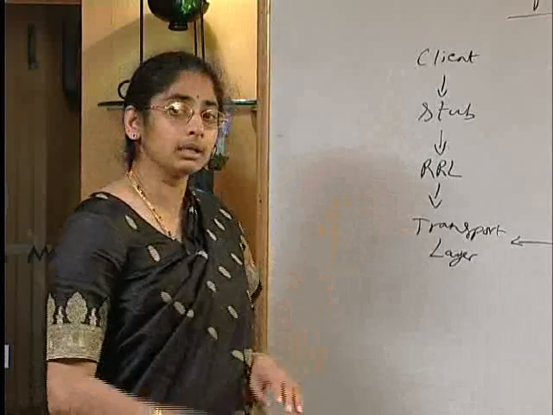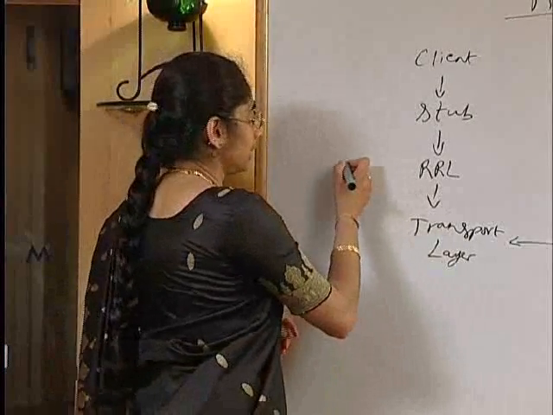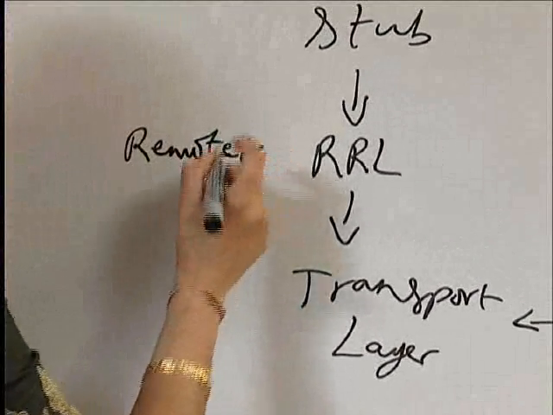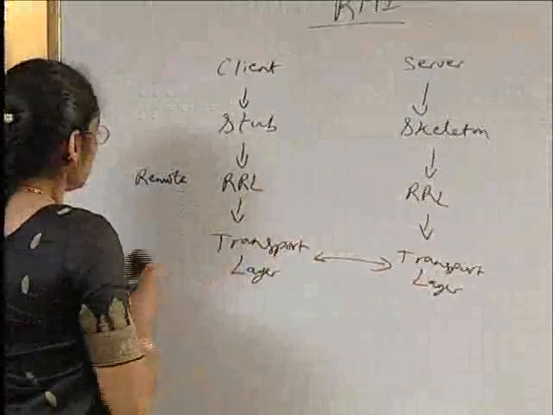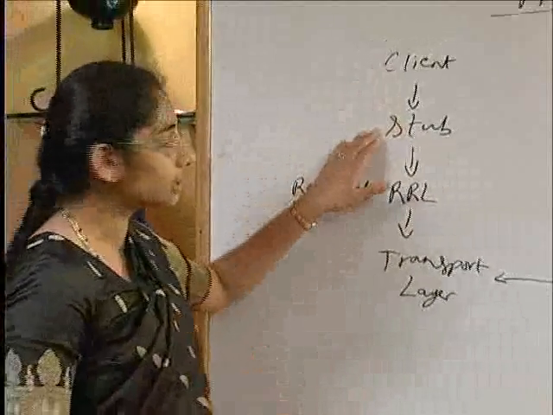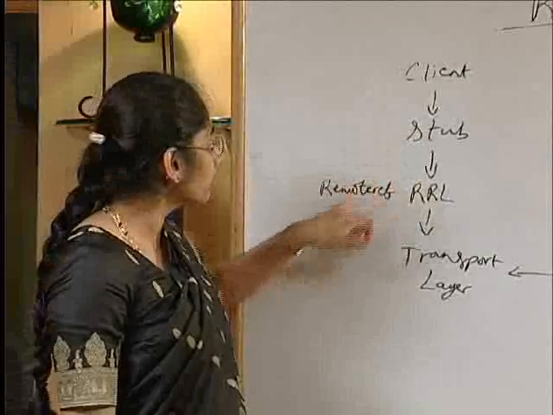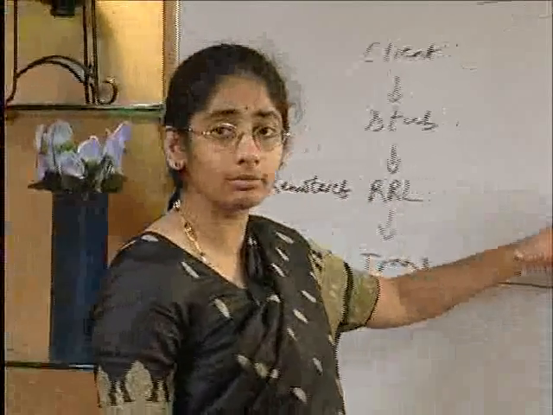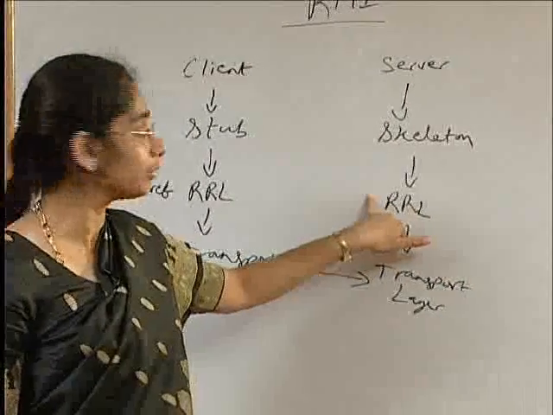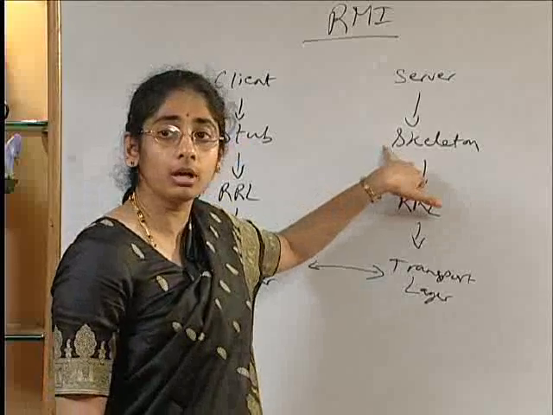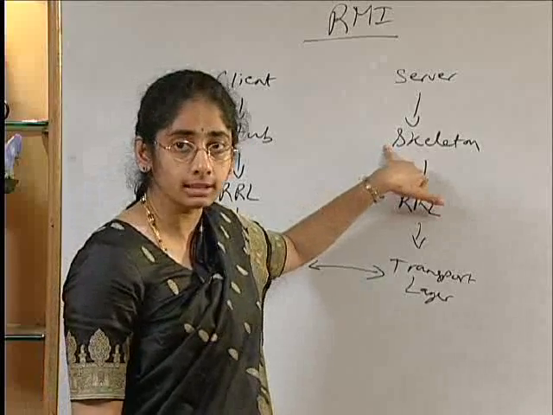In the RRL layer, there is an object that is available called remote ref. The stub, once it gets the method call, invokes a method on the remote ref to pass across the method request to the server side RRL. From this RRL, the method call gets passed to the skeleton.